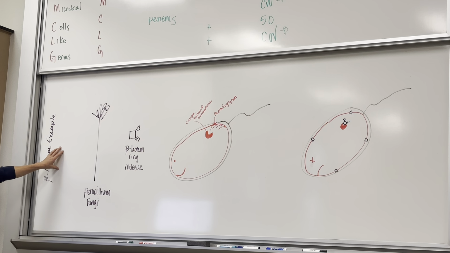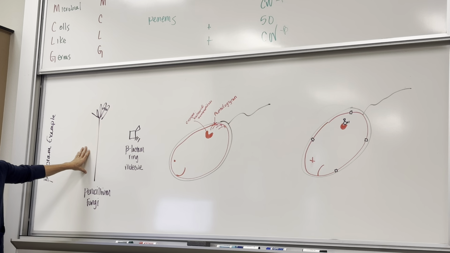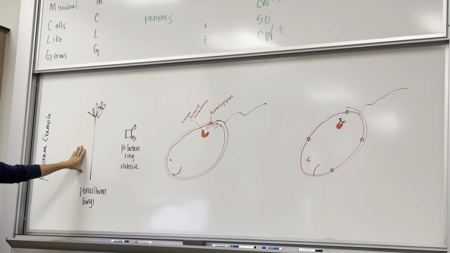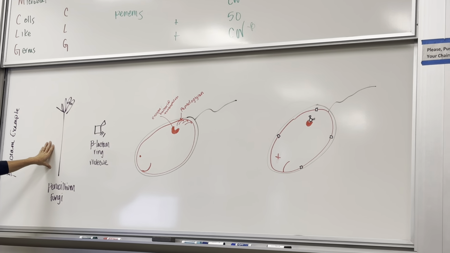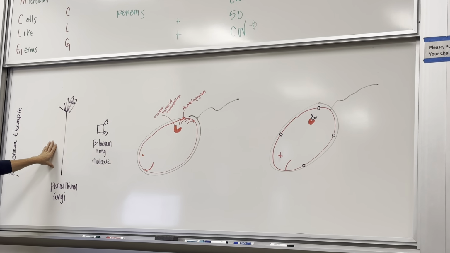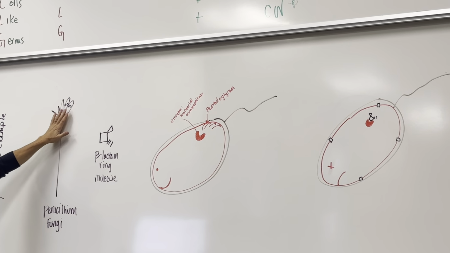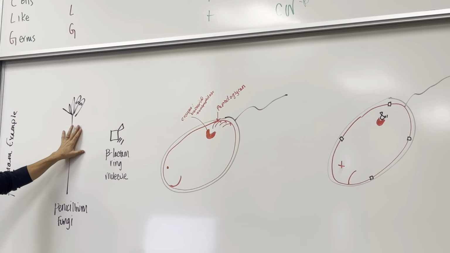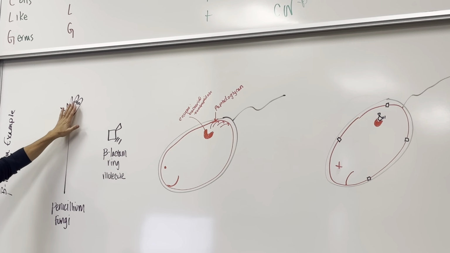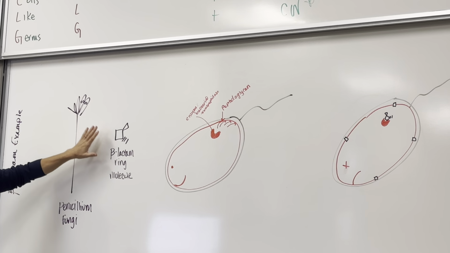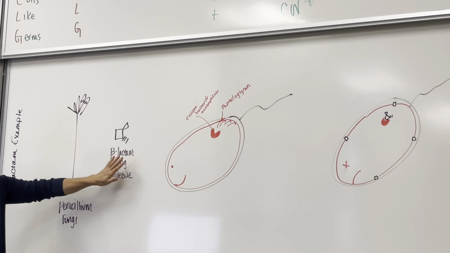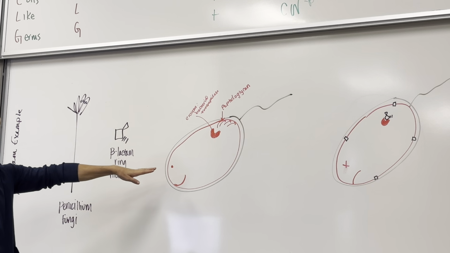How we found those was in 1928, Alexander Fleming. He found the lawn of bacteria and found a plaque, which is like a clearing, which we're going to do in the lab ourselves. Originally the Penicillium fungi created this molecule that helped it defend itself against bacteria.